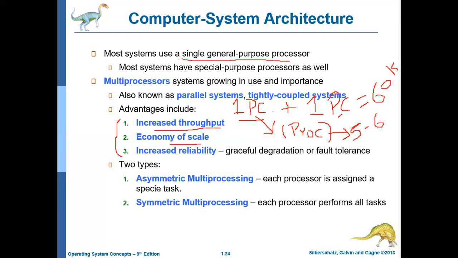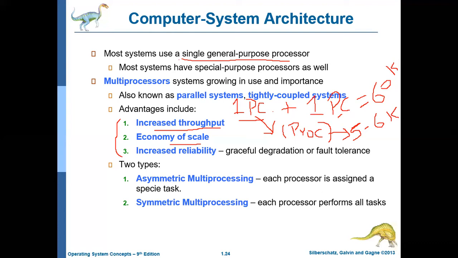But if you go for a new PC, then the cost will be 60,000. So this is called economy of scale. As you increase the number of processors, the amount you spend is comparatively less than purchasing a new computer, because a new computer comes with all the resources like memory, hard disk, and other extra resources.